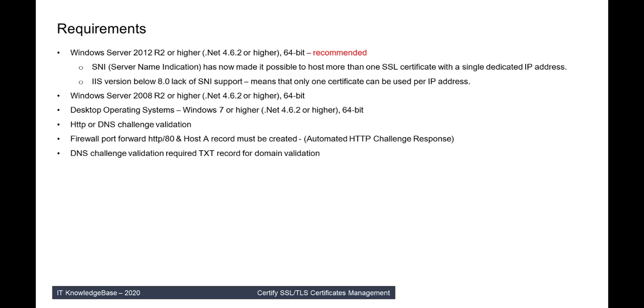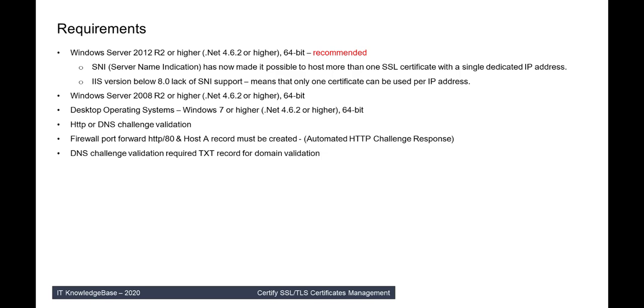HTTP or DNS challenge validation is required. To request a certificate from Let's Encrypt or any other certificate authority, you need to provide some kind of proof that you are entitled to receive the certificate for given domains. Let's Encrypt supports two methods of validation to prove control of your domain.